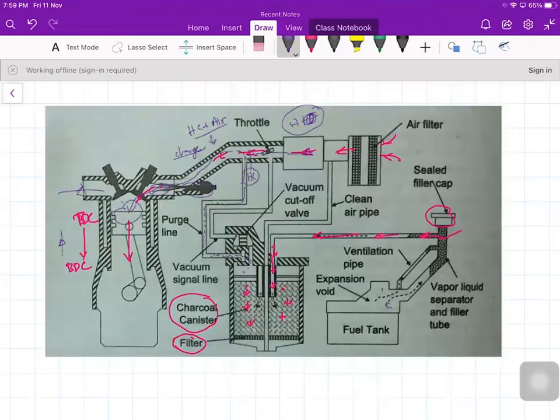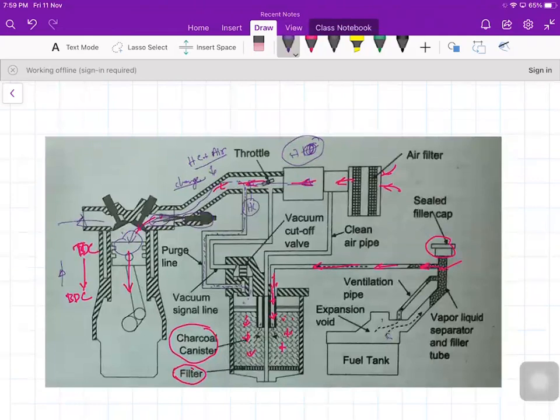Consider that somewhere here we are connecting the carburetor. From the fuel tank, we are not allowing the vapor form of fuel into the atmosphere. Instead, we are allowing it to participate in the combustion. This is how we control the evaporative losses.